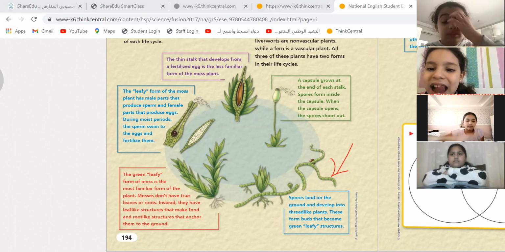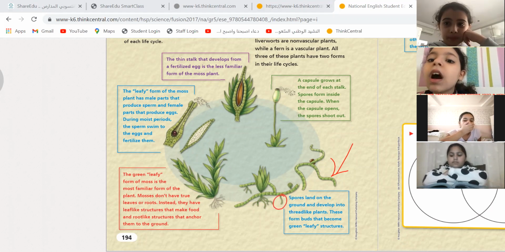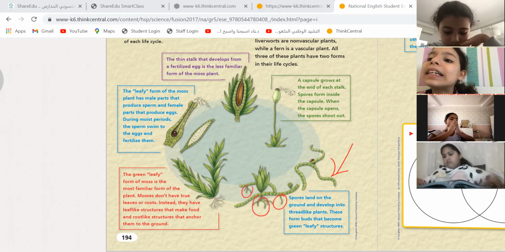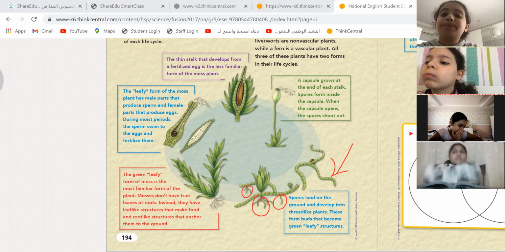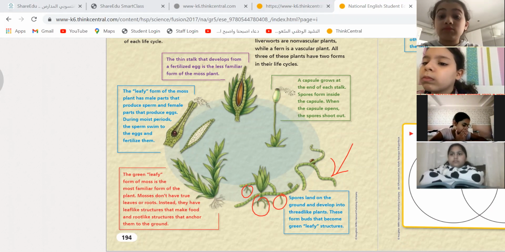Spores will land on the ground and develop into thread-like plants. These form buds. Do you know buds? See the small stuff over here? These are buds, okay? They become green, leafy structures.